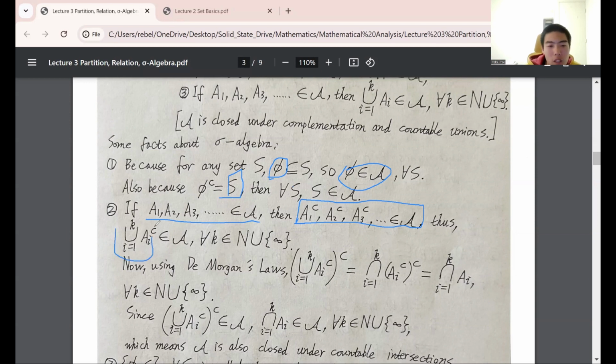And we can do the union of them, and they are also in it. This is by property 3. You may wonder what this one is. It's just because the natural numbers do not contain infinite, so with infinite it just goes to infinite.